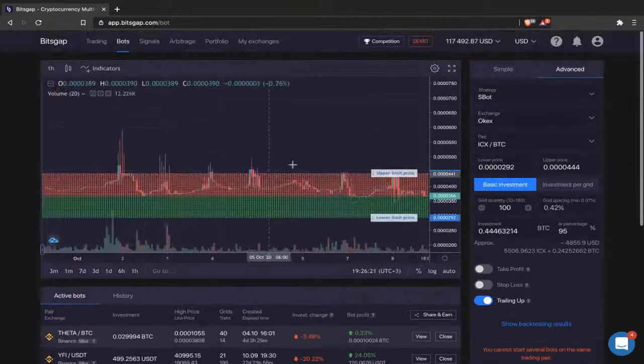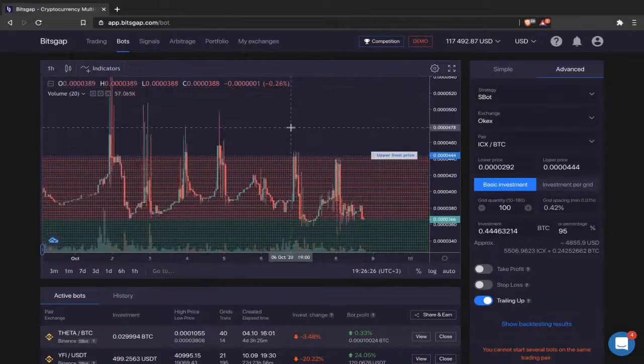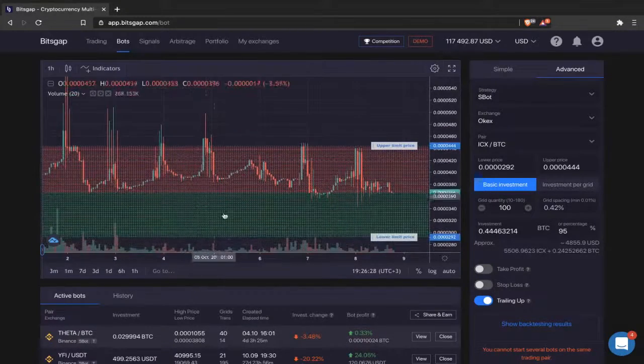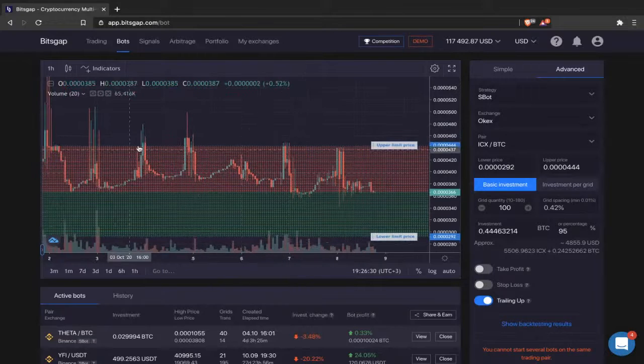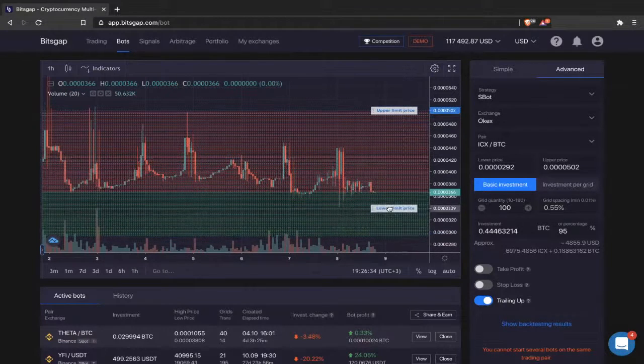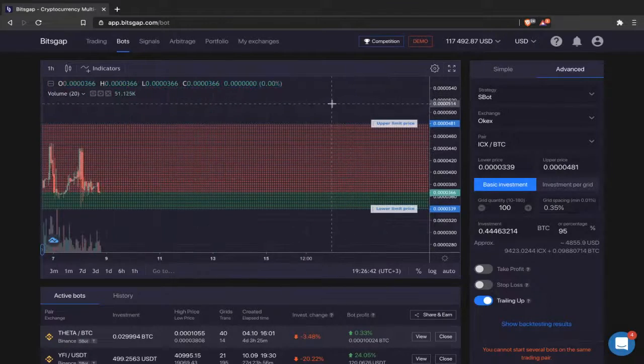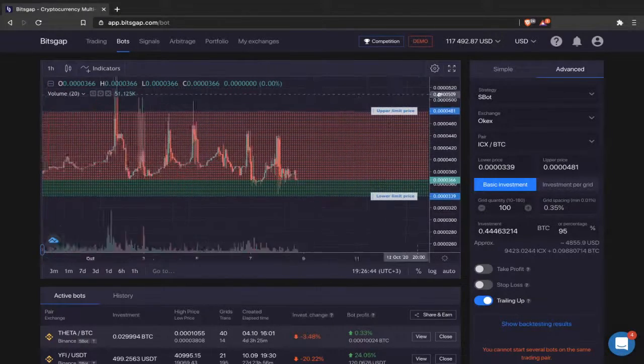Let's see. All right, you see, that's what I call a perfect sideways market with extreme pumps and dumps. But still, you see, it stays within the sideways formation. So here's the trading range configuration for this type of market formation. Can be like that.